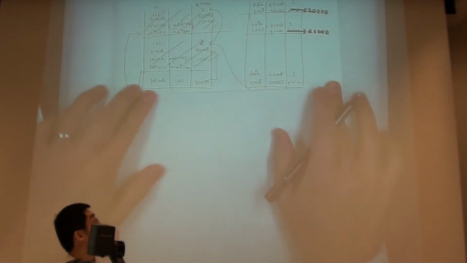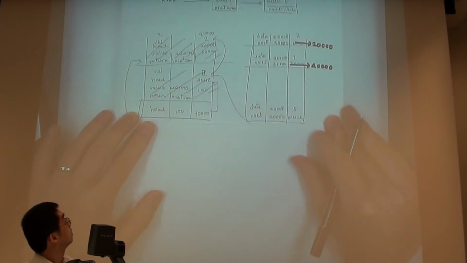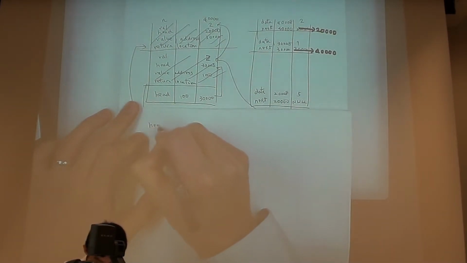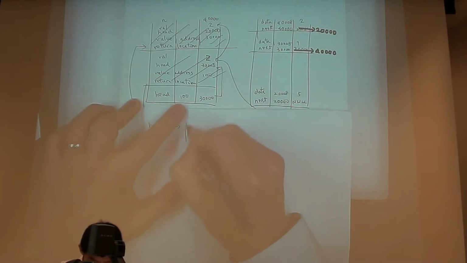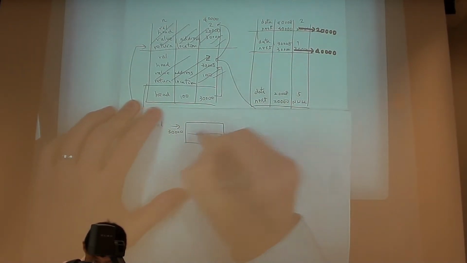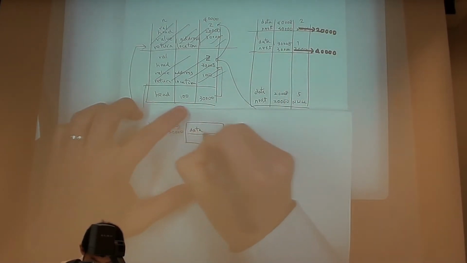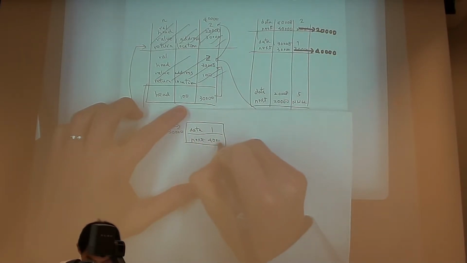Now this is what the linked list looks like. Head points to address 30,000, and the variable data is 1 and next is 40,000.